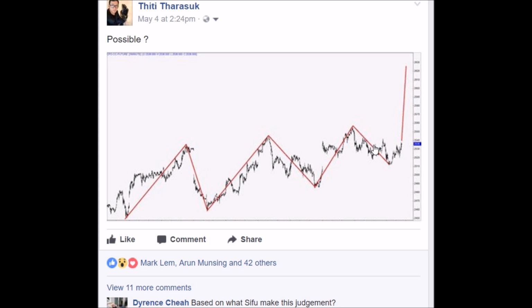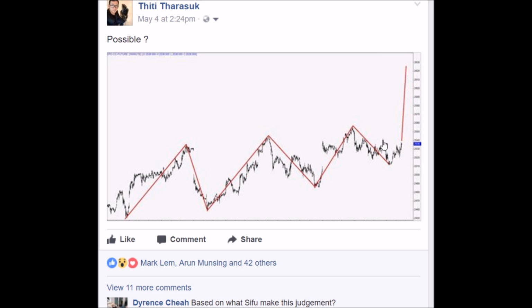In this loop, the psychology for the seller is weaker than this, and in this one the seller is weaker than this. That means when price continues the uptrend, the seller is weaker and the buyer is stronger, so we can set up the target quite far.